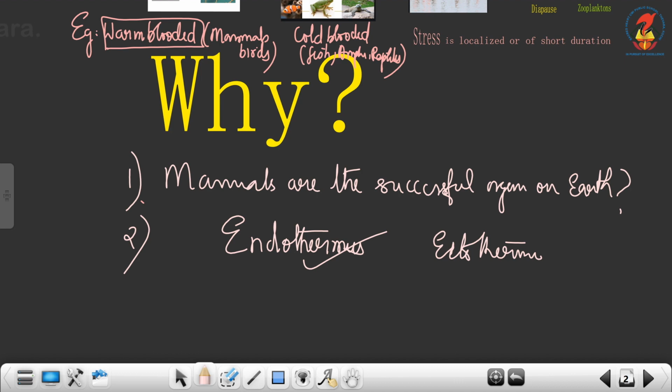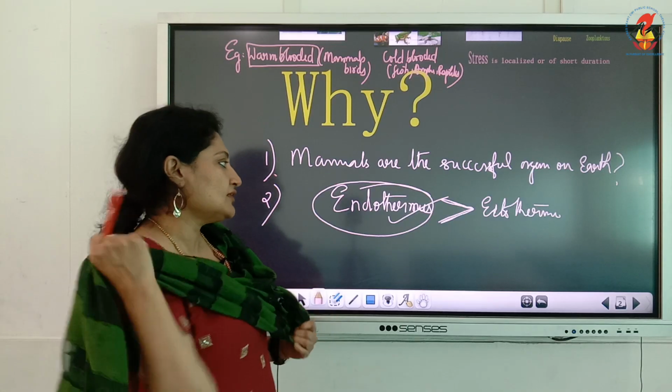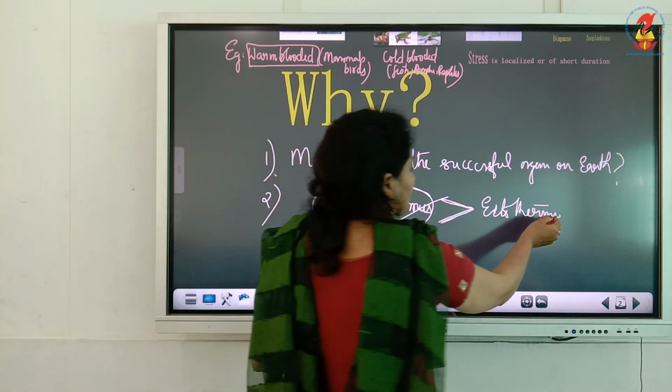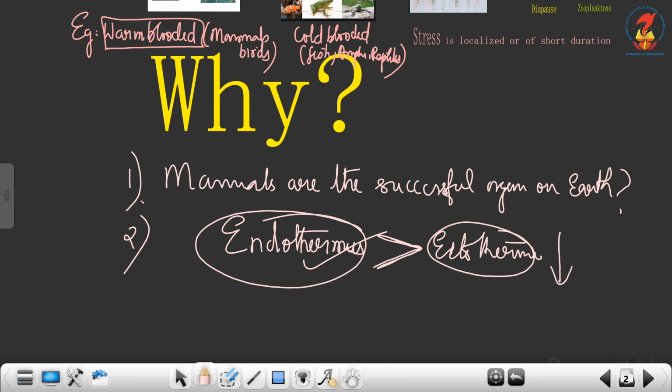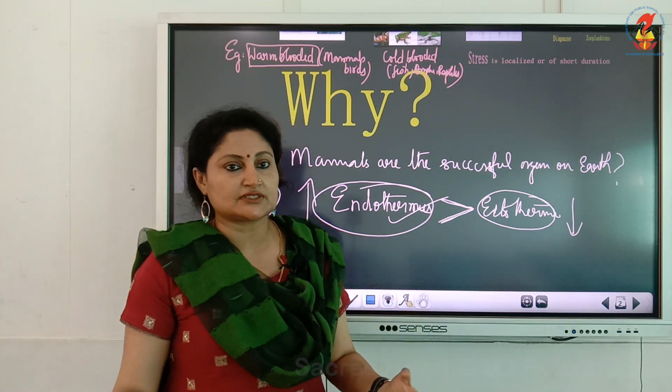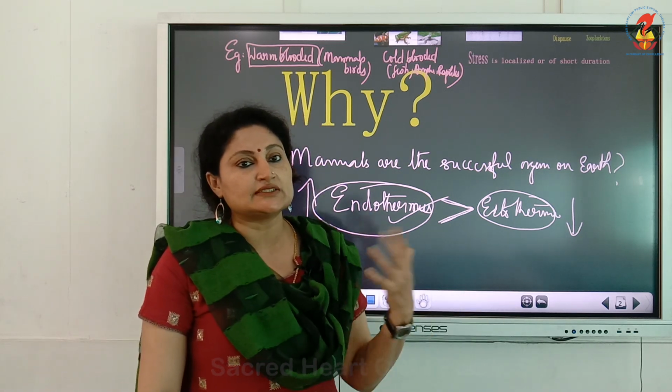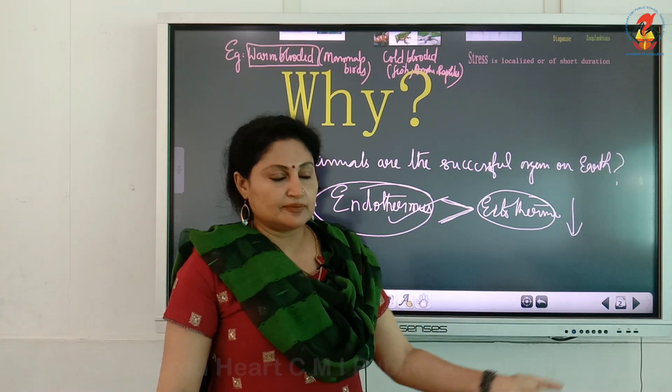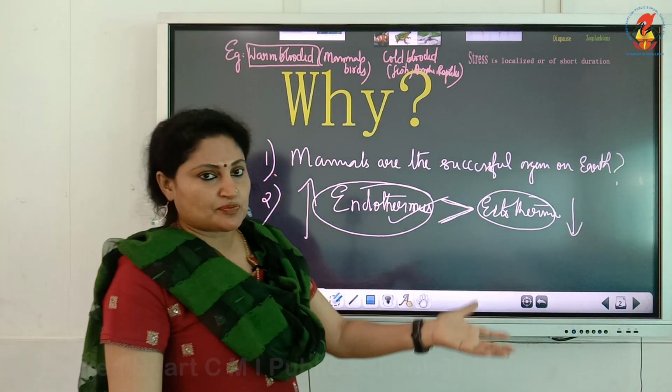So definitely during the course of evolution, which should get evolved? Endotherms should get evolved, or warm-blooded animals should have evolved, and the cold-blooded animals' number will decrease and warm-blooded increase. Because evolution is selection of the best, survival of the fittest. The most modified version is being selected and they survive and generate new offsprings.